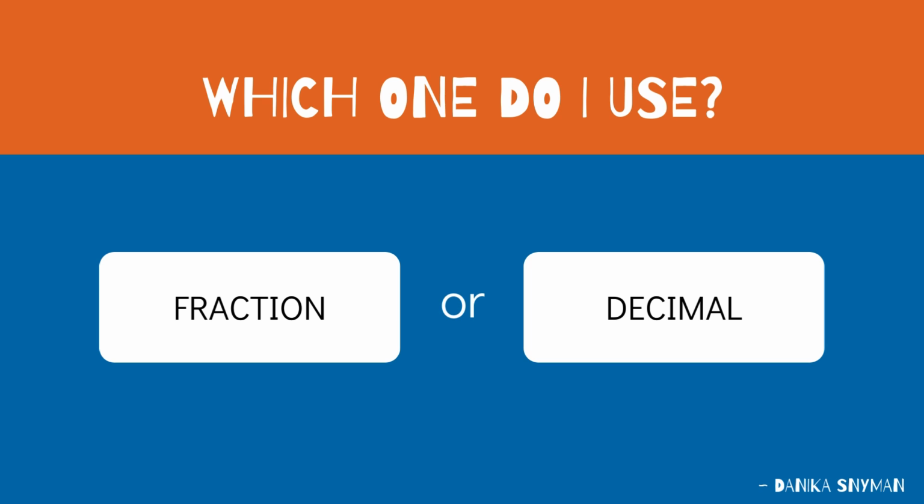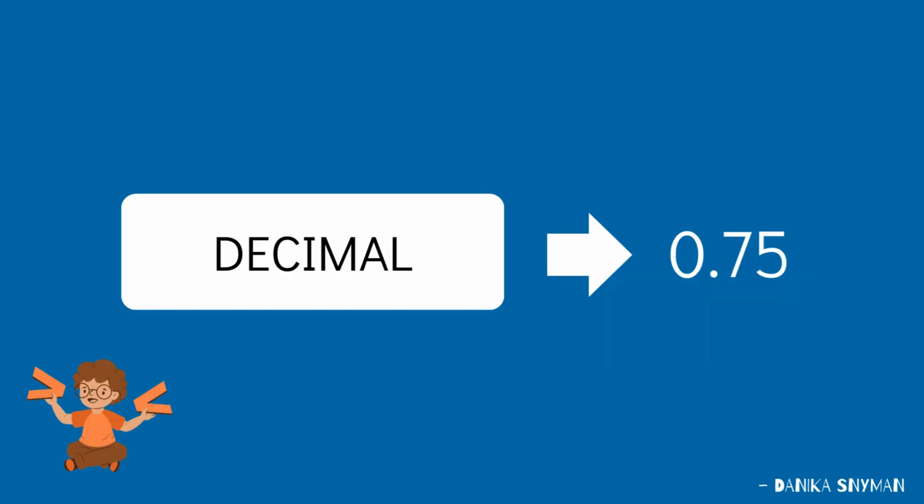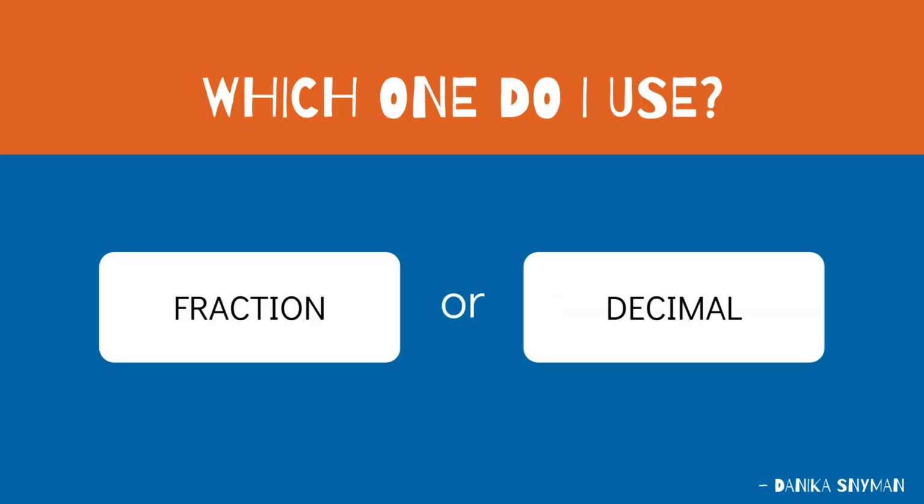If the question says fraction, then you use the fraction. If the question asks for a decimal, you use the decimal. So your answer is going to be like 0.75 or 23.75. Always read your questions carefully when answering this.